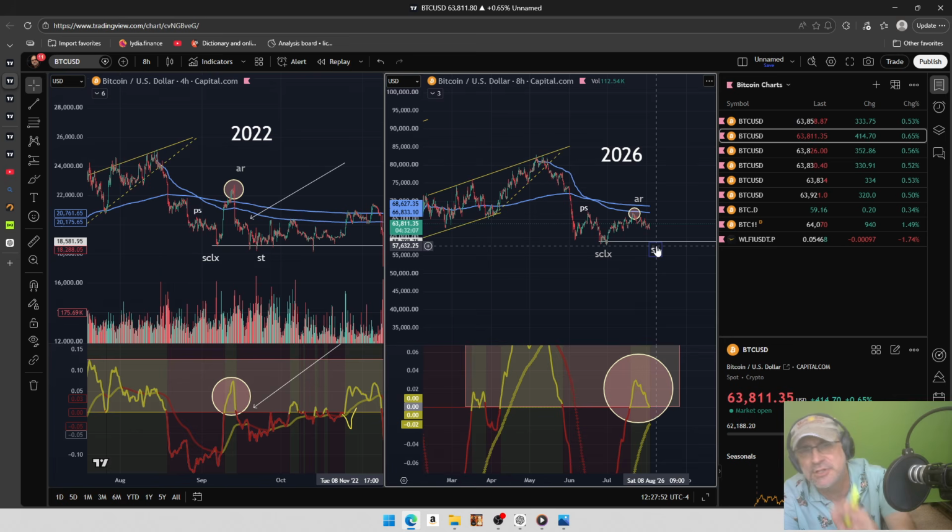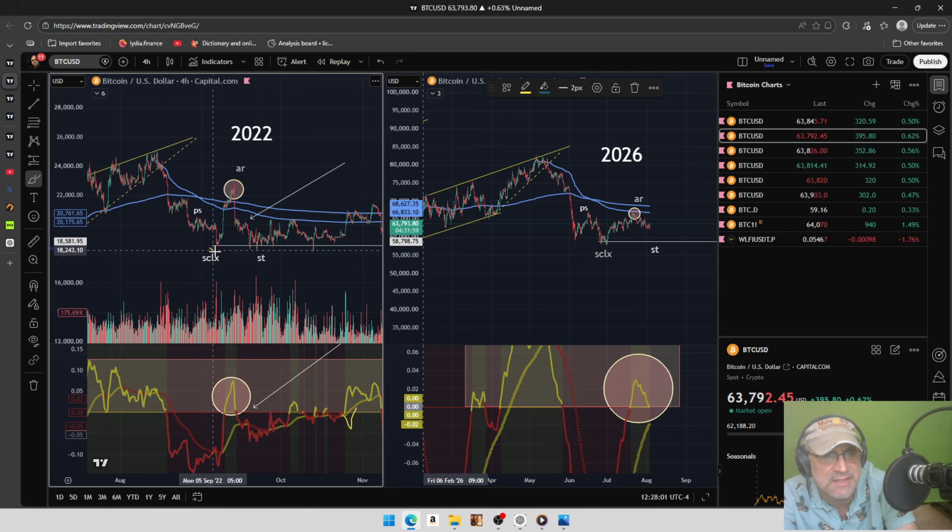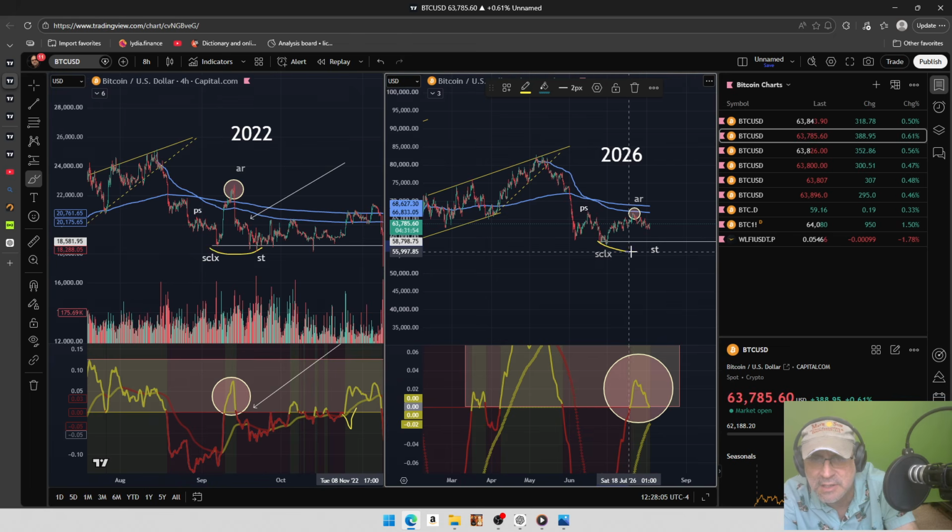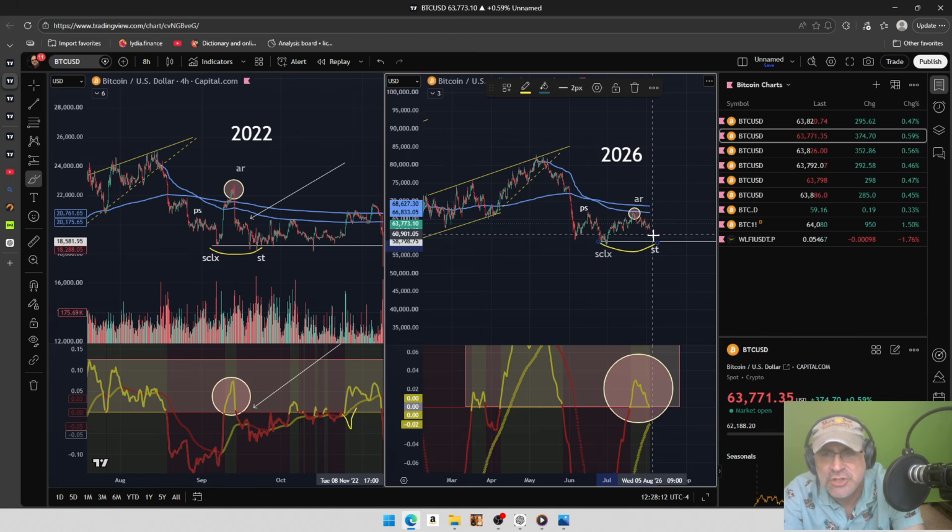We're only about 10% south of it to bring it down to the secondary test, the same line that would mitigate the selling climax like we did 4 years ago. This is what I mean by a mitigation: basically, a retest of the trading range lows that we drew from the selling climax. So we're looking for that.